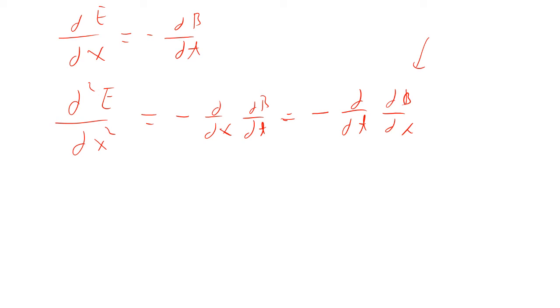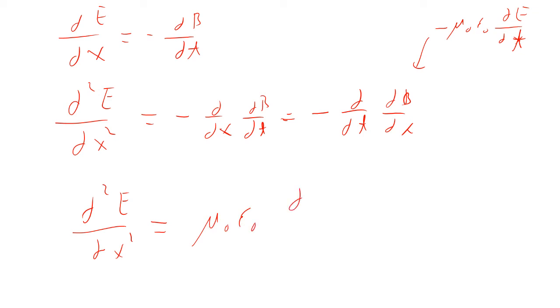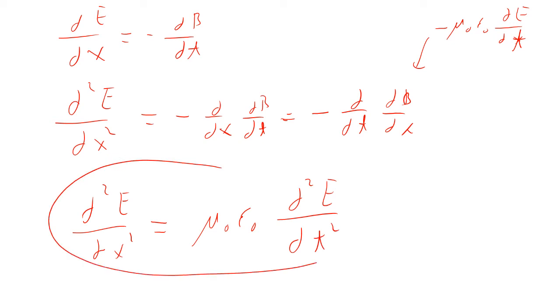But we already just saw that dB dx is minus mu naught epsilon naught partial of E with respect to time. So if I plug that in, we have the second derivative of E with respect to x squared equals mu naught epsilon naught second derivative of E with respect to time squared.